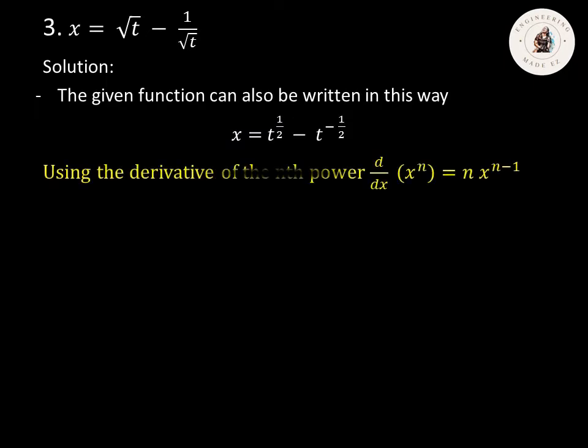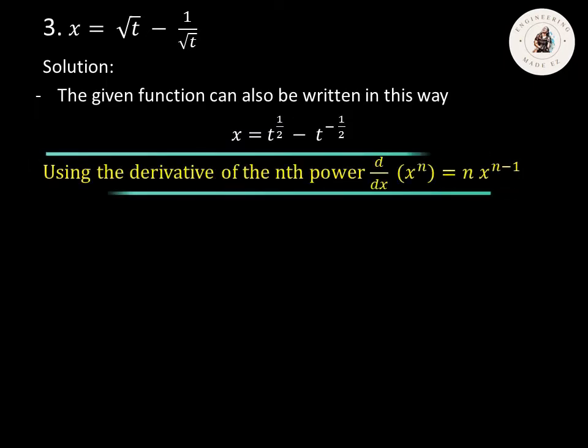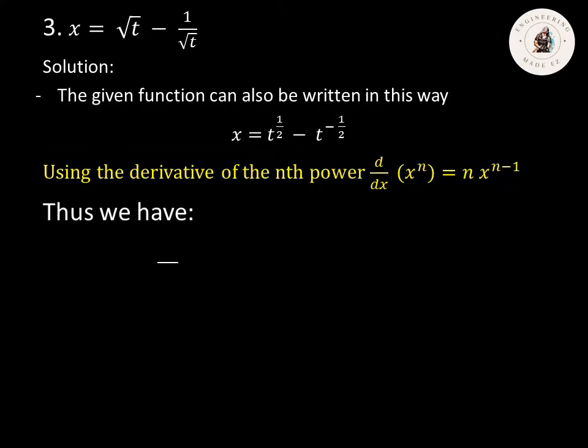Here we're going to use the derivative of the nth power, which is the derivative of x raised to the power of n with respect to x is equal to n multiplied by x raised to the power of n minus 1. Thus, we have the derivative of x with respect to t is equal to, for t raised to 1/2, applying the derivative of the nth power, we have n, which is equivalent to 1/2.